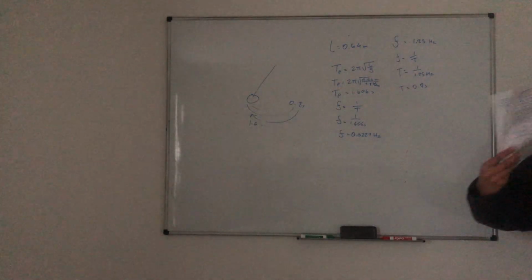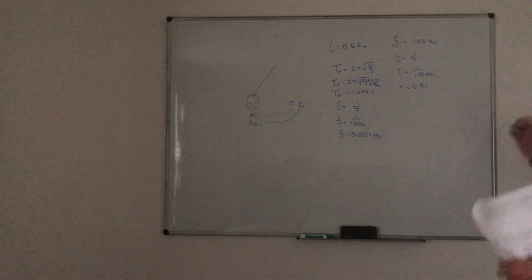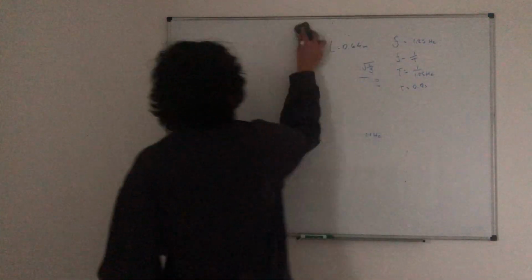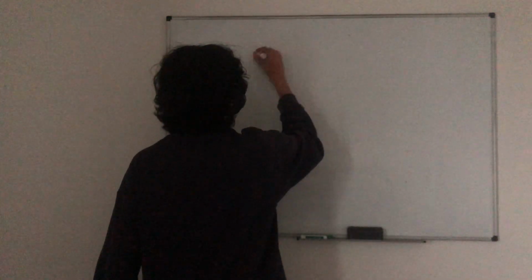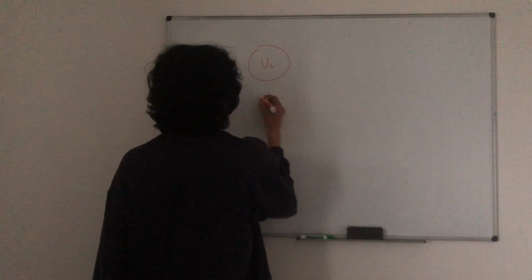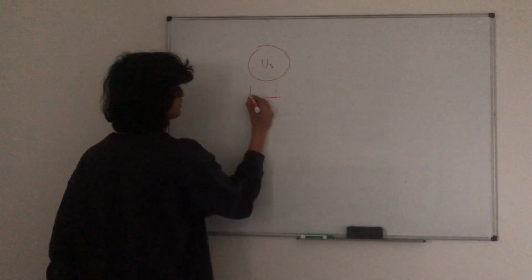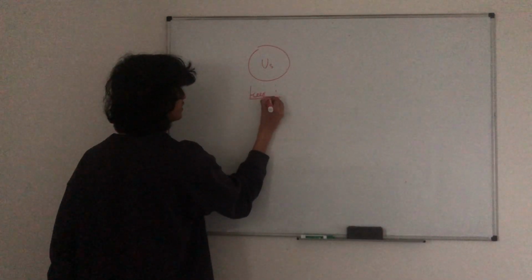But let's use what we know about physics and think that through. Let's say initially, for our spring, all the energy is stored as U spring. This is when it's compressed or stretched, whatever.